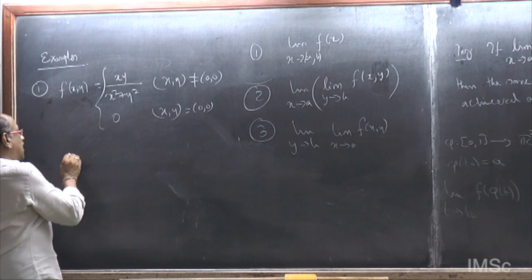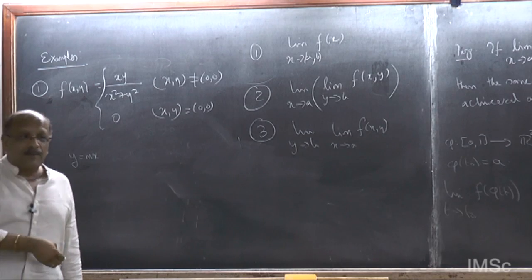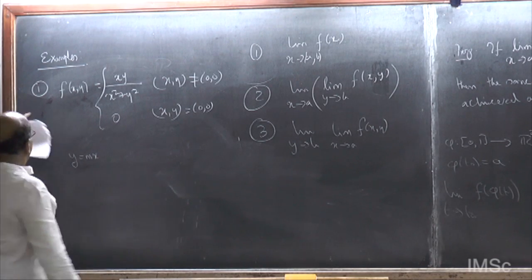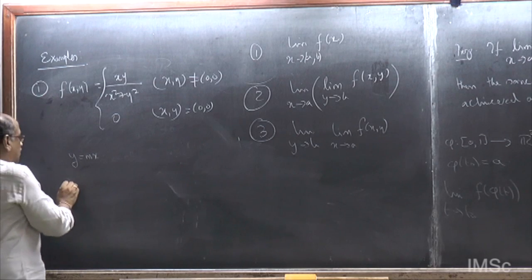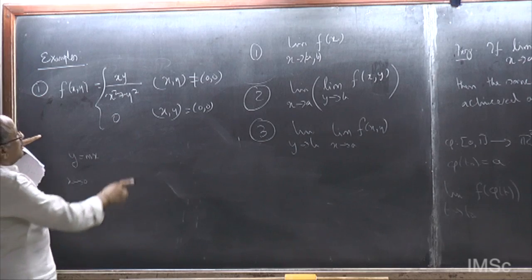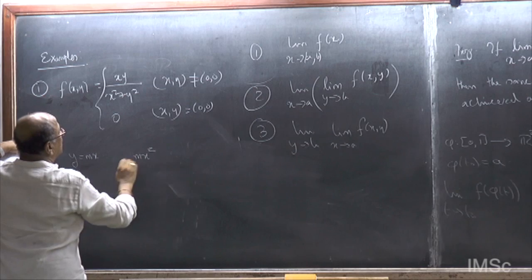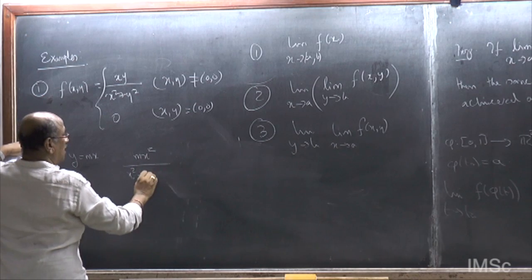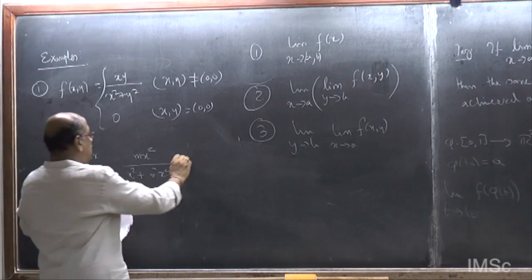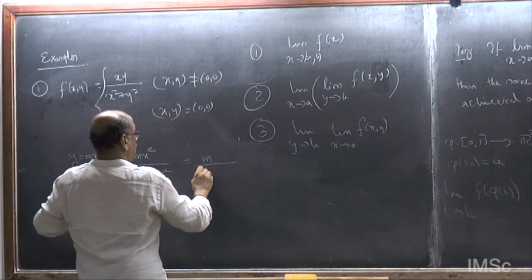Then let me look at the path y equals m x. This is a straight line passing through the origin with slope m. If I put y equals m x and let x tend to 0, what do I get here? I get m x square by x square plus m square x square, which is m by 1 plus m square.